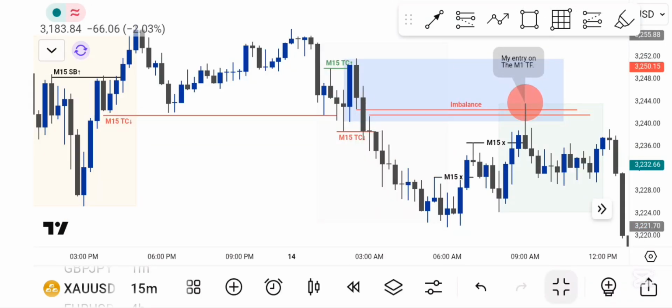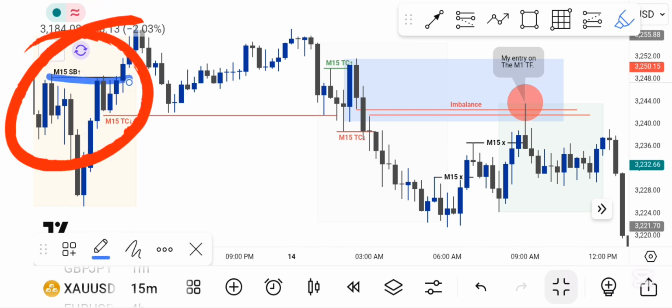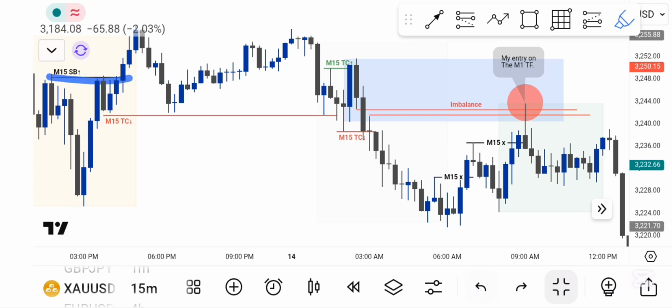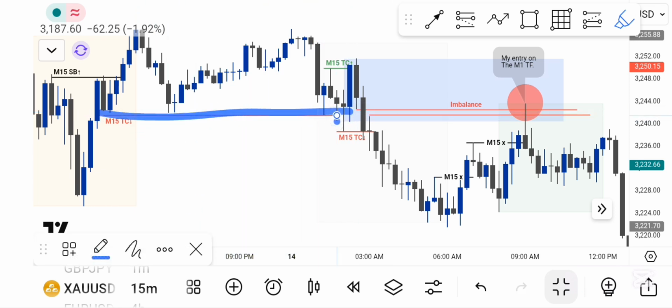So now let me break the supply and demand zone for you guys. Looking at this chart currently, we can see that there is a break of structure at this point here. Can you see it? That point is a break of structure. So looking at that, we can see that price is bullish from that break of structure. Then what then happens is that price caused a trend change down here, which signified that we are now bearish.